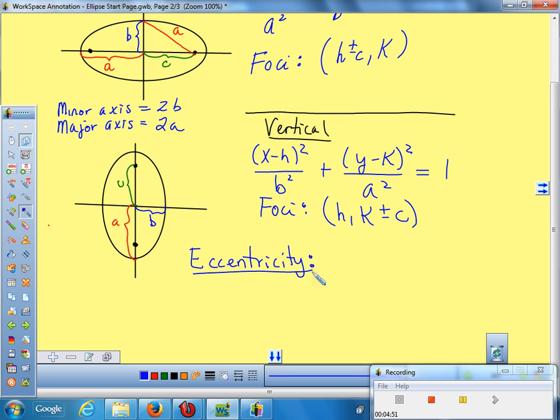Mostly we talked about eccentricity with ellipses. And eccentricity is simply is it a round ellipse or is it a flat ellipse? So if you're going to talk eccentricity, you're talking about how round or flat the ellipse is.